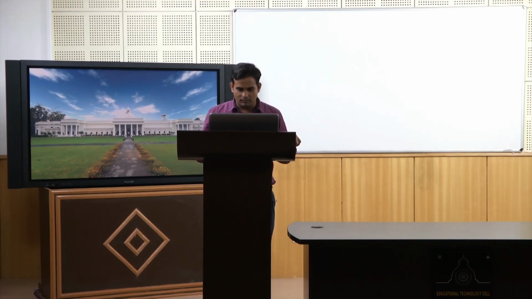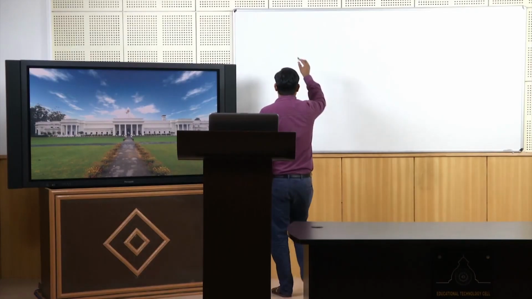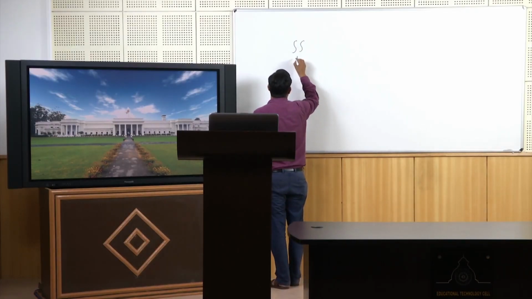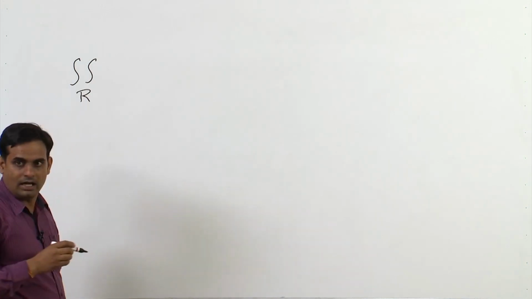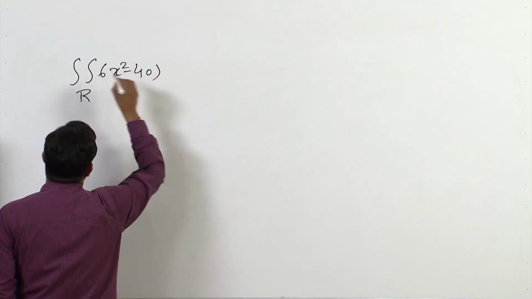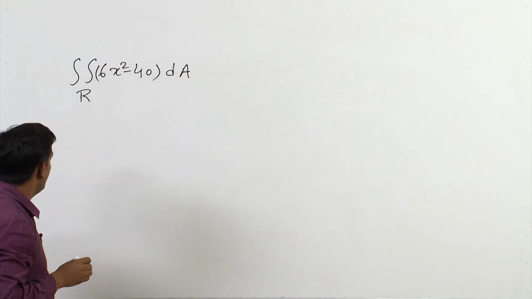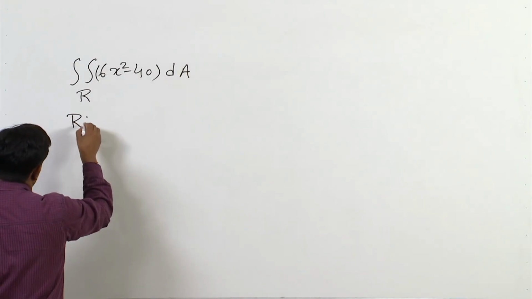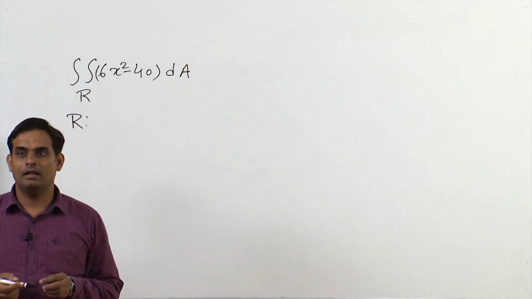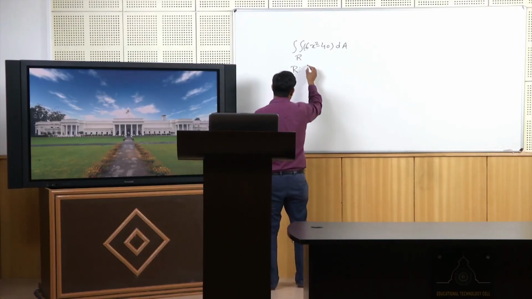So why do we change the order in a multiple integral? To understand this, let us take a simple example. I have a double integral which I have to integrate over a region R, the integrand being (6x square minus 40) dA, and my region R is given by a triangle with vertices (0, 3), (1, 1) and (5, 3).